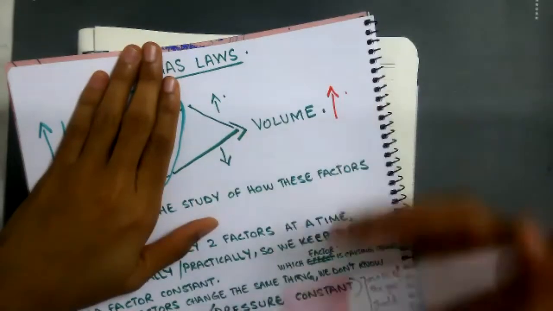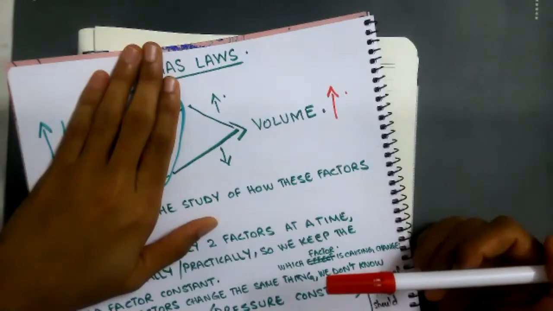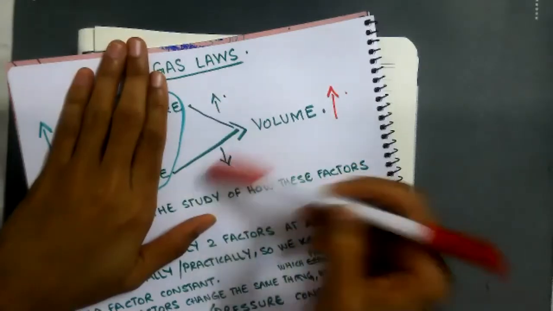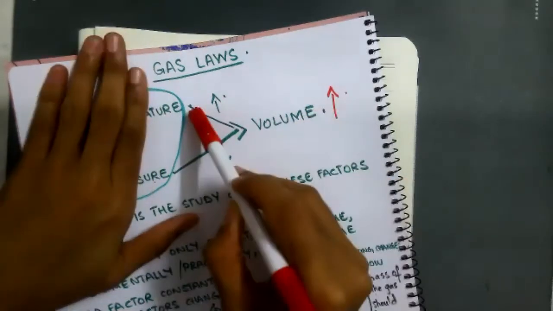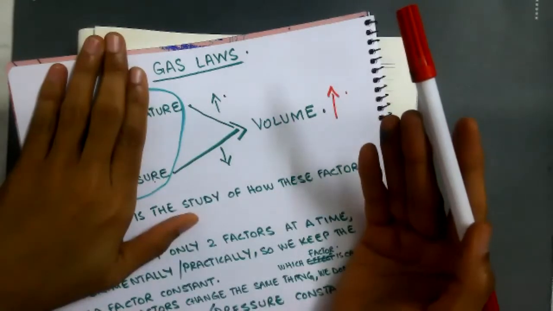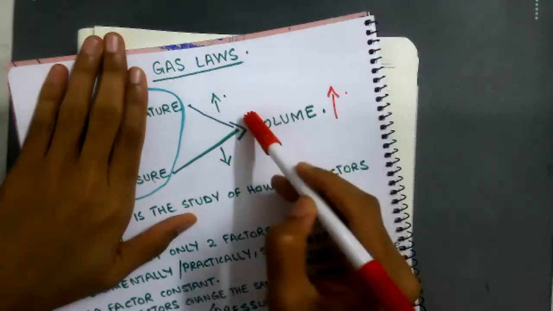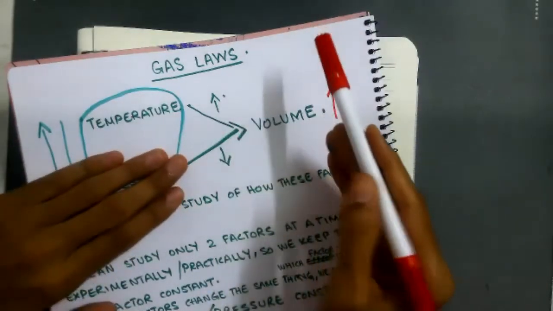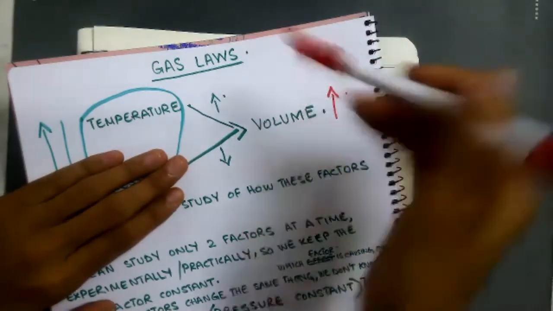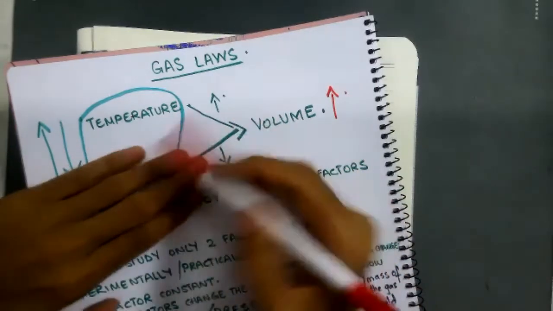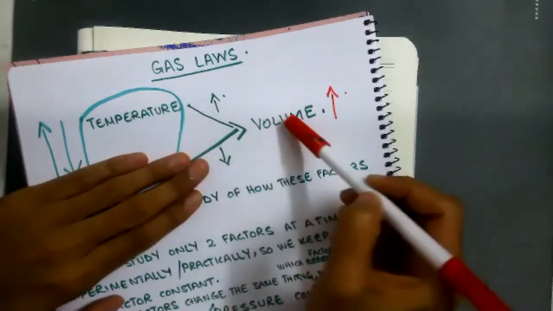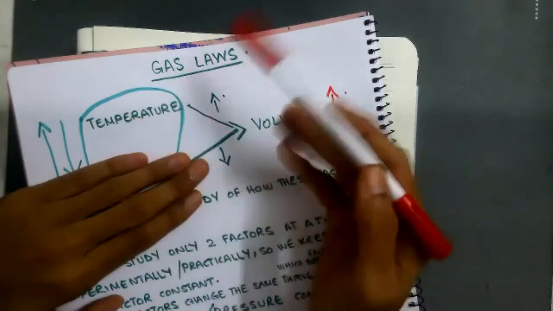When we are scientifically carrying out experiments, if both the factors are allowed to change freely, we don't know whether the volume change is due to the increase in temperature or the decrease in pressure. So in order to keep our experiments reliable, and to understand the experimental results in a better way, we have to keep the other factor constant so that we can study the relationship between the rest of the two factors properly.